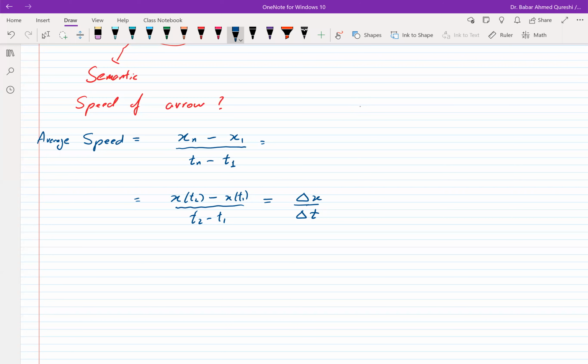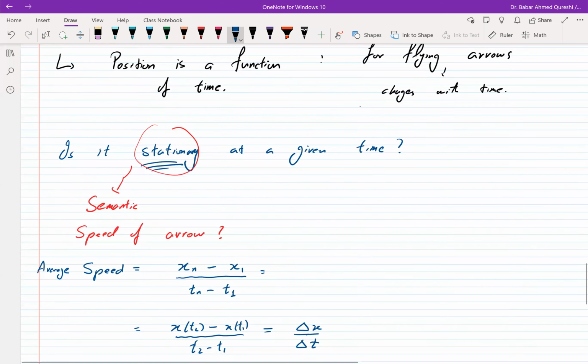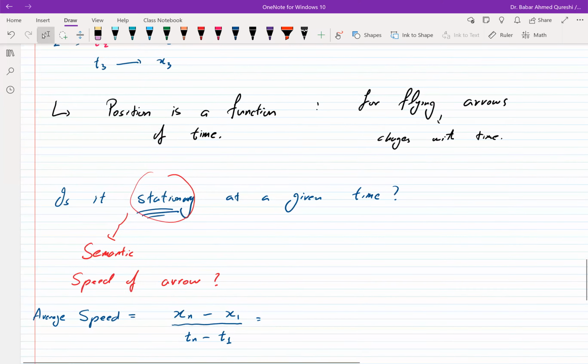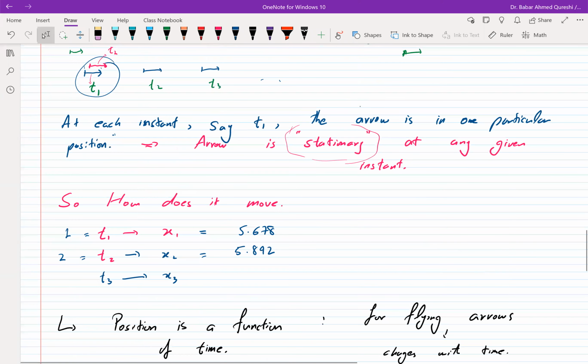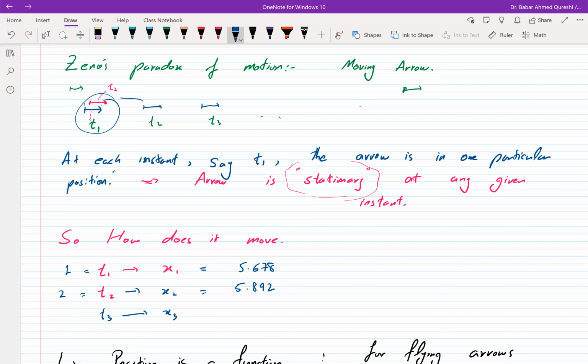You say that this is the speed. Zeno says, well, this is between two points. You offer him that the best we can do, since we need this, is bring this point t2 very close to it.